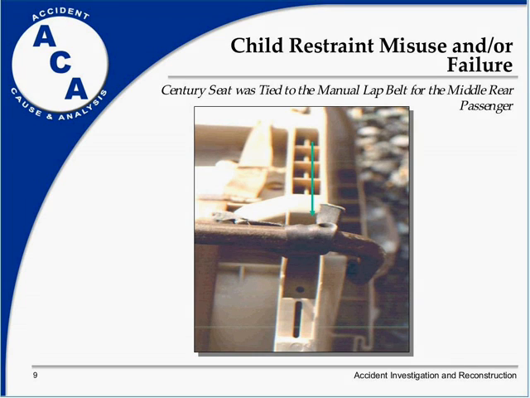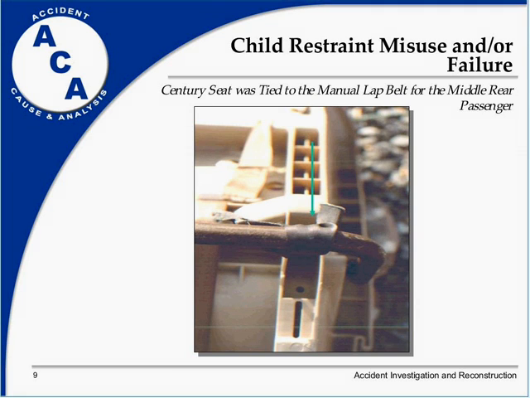The reason for that is when the EMTs go to respond to these types of accidents, they don't have all kinds of car seats in their EMT vehicles, the ambulances. So a lot of times what they'll do is take the injured child and the child seat together and put it in the ambulance.